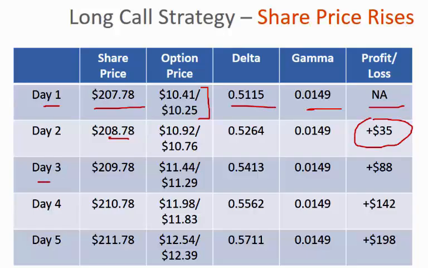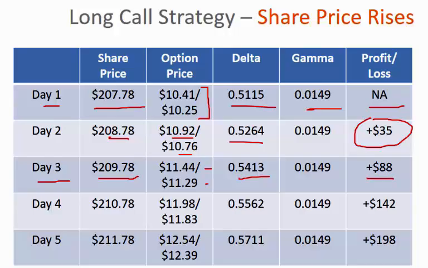If we get to day three and the share price moved up another dollar, our option price would go up by the previous day's option bid and ask plus the delta amount, and that equals 1144 stroke 1129. Our delta would also change by the previous day's delta amount plus the gamma amount, so your new delta becomes 0.5413. And then our profit will be $88 per share.